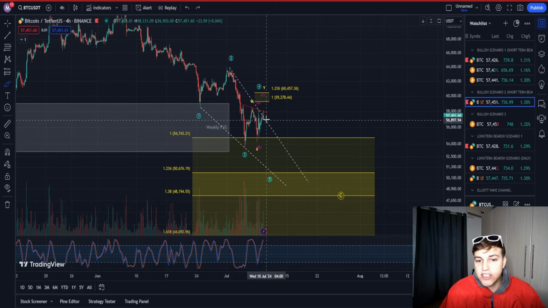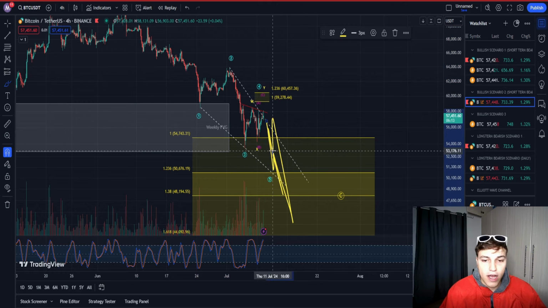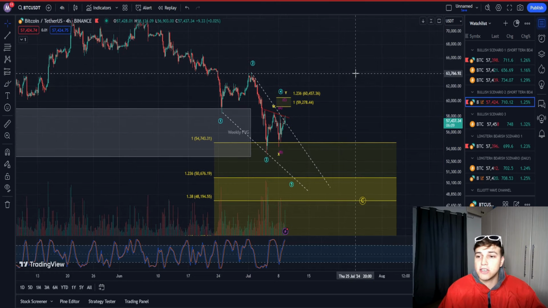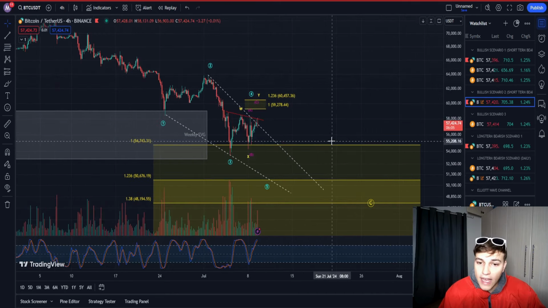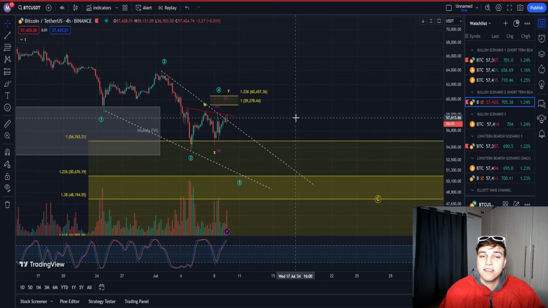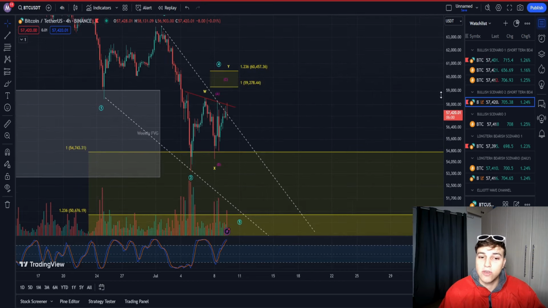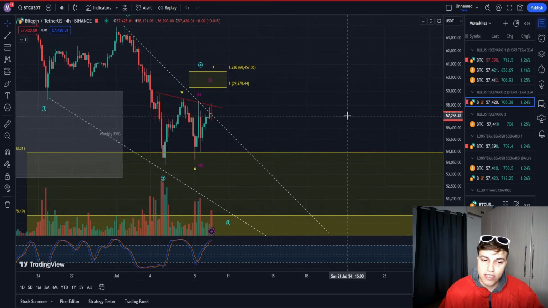And again, still waiting for one more crash to the downside. At the moment, you can see all my charts do show one more low. So I do, in fact, think that Bitcoin is going to see one more low before this correction is over.